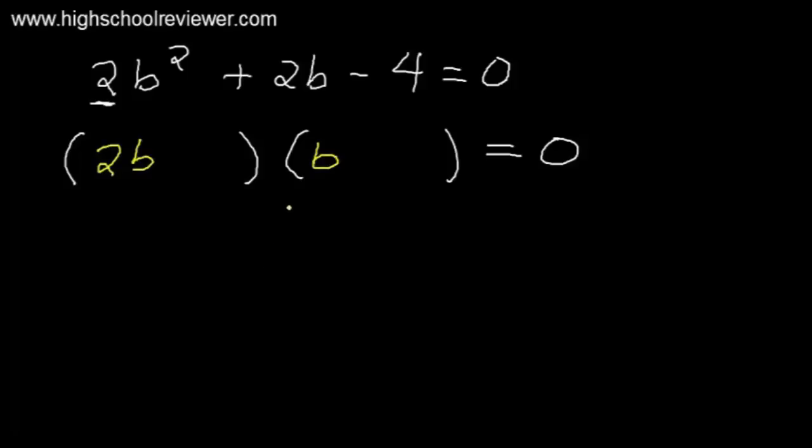And then next we are going to factor out our third term. Our third term here is negative 4. So since this is negative and our middle term, or our second term, is positive, the factors that we are going to use with negative 4 will be positive and negative.